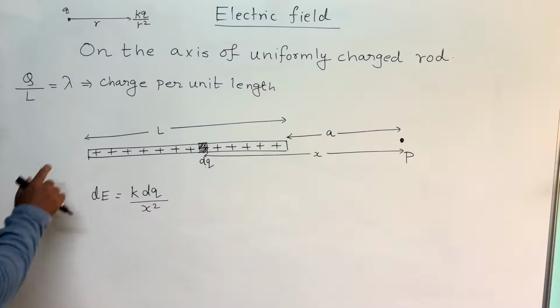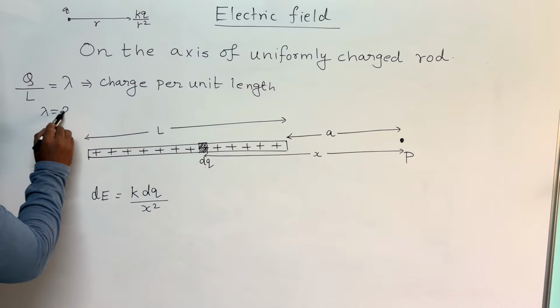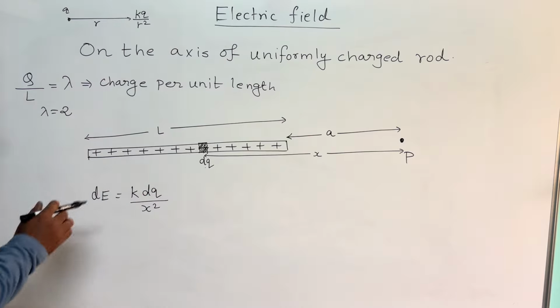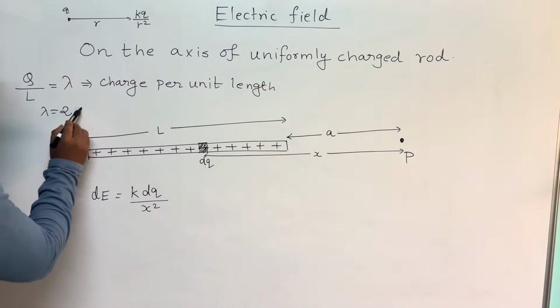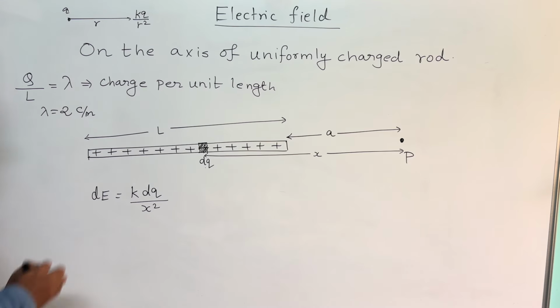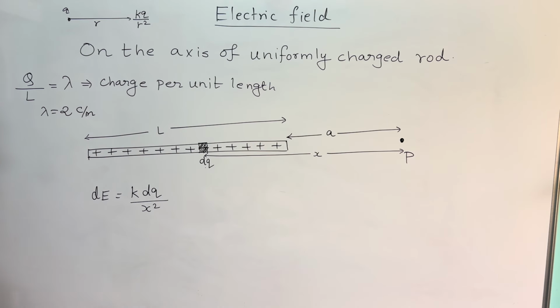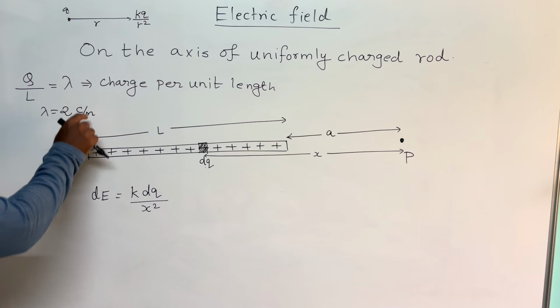Suppose lambda is equal to 2 in a specific scenario. This is coulomb per meter. What does it mean? In 1 meter of this rod, 2 coulomb of charge is present. That's why 2 coulomb by 1 meter is 2 coulomb per meter.